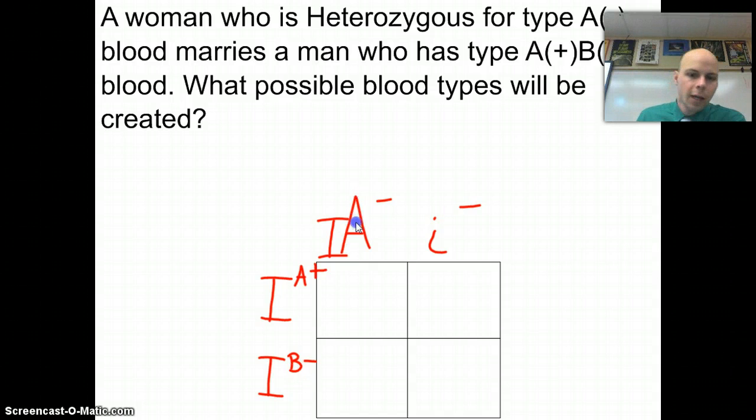Got a little wild with the first A, but A negative, and it's heterozygous, so it has the type O allele in here as well. That's also going to be negative. And we're crossing that with a man who has A positive, B negative blood. So I'll fill in our possible offspring.